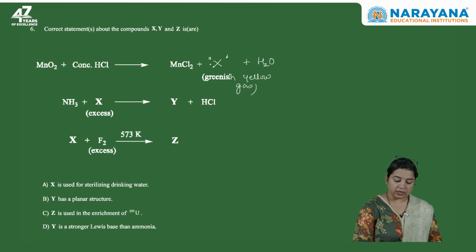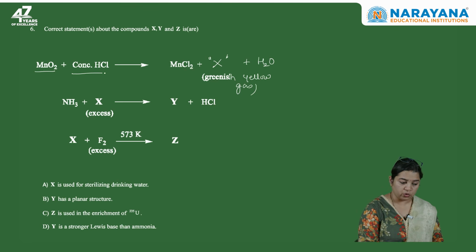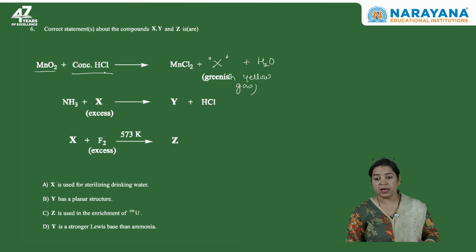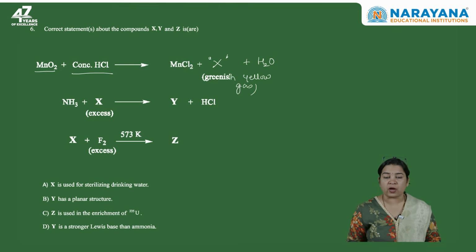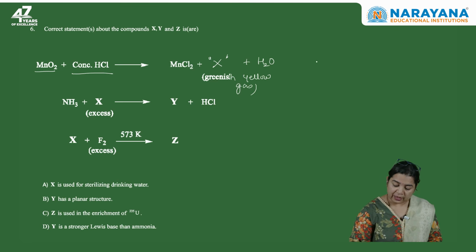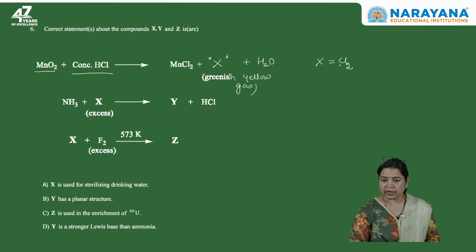Now this X, produced by the reaction of MnO2 plus concentrated HCl, is the reaction that we use as a test even in salt analysis. It is given in NCERT, I'll show you. Or you can check in the d-block, it is directly mentioned that MnO2 plus concentrated HCl will liberate chlorine gas. Greenish yellow gas is again a hint. So by that we identify that X is chlorine gas.